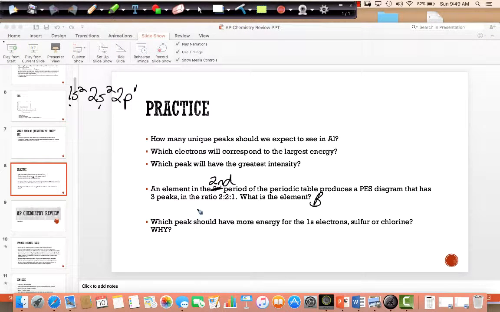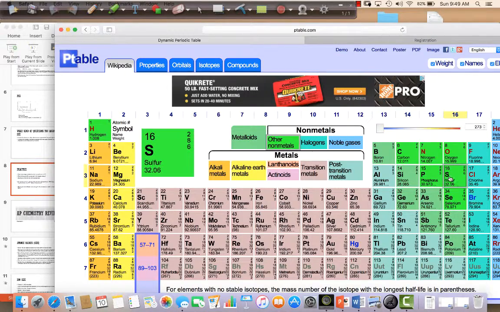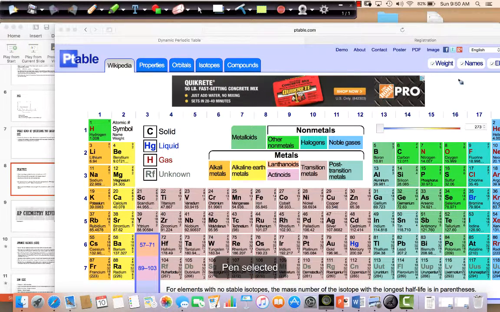All right, and then which peak should have more energy for the 1s electrons, sulfur or chlorine? So if we look on the periodic table, we've got sulfur and then we've got chlorine right here. Which one should have more energy to remove the 1s electrons? So even though the 1s electrons are in the same spot, essentially, if I look, sulfur has 16 protons and chlorine only has 17.